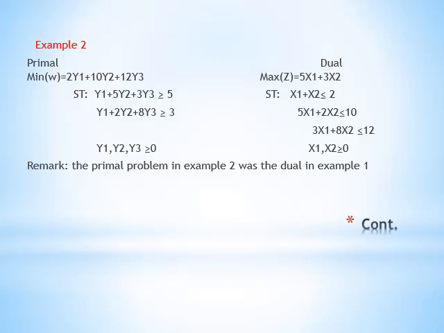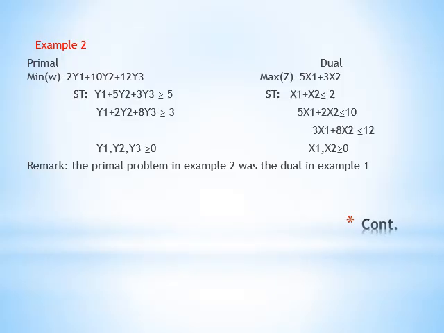The decision variables of this objective function are three: y1, y2, y3.